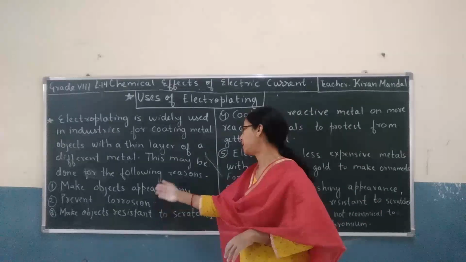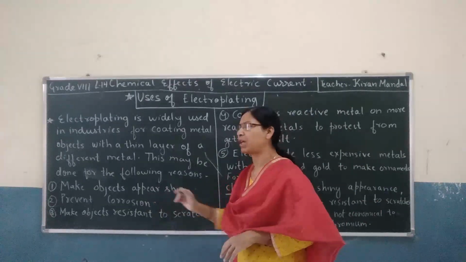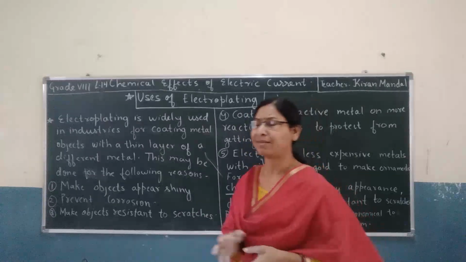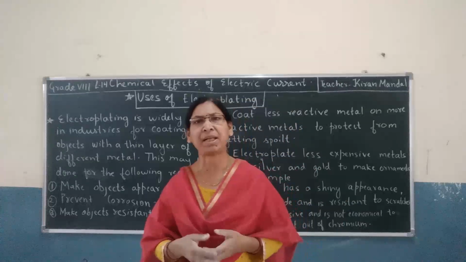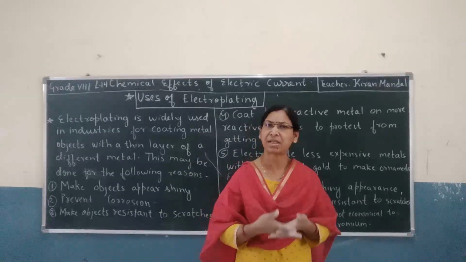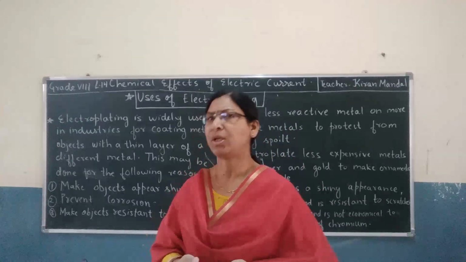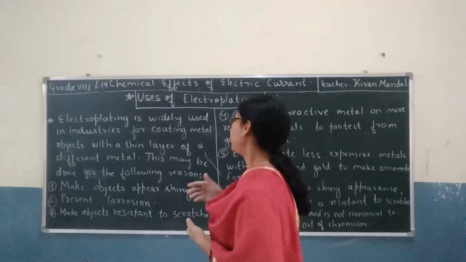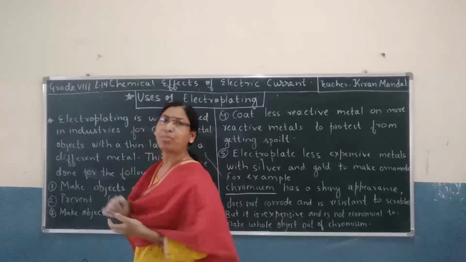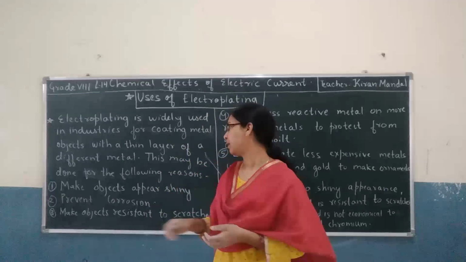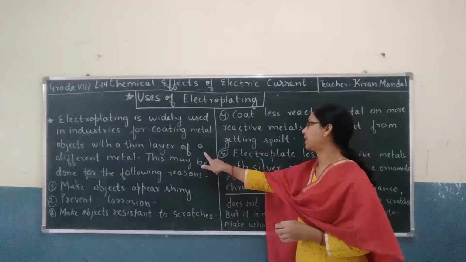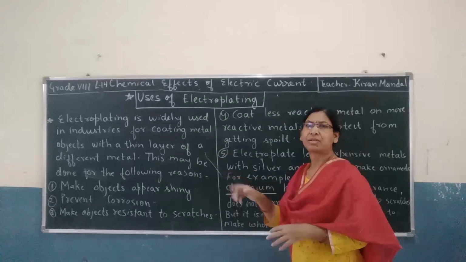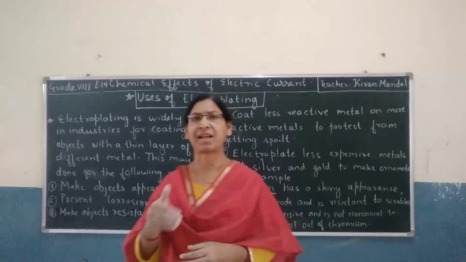Then another reason for this is to prevent corrosion. We know that iron gets rusted also. Many other objects get corroded. So what we can do is we can even do electroplating on such objects. Next one, to make objects resistant to scratches. Many other objects will get scratches.